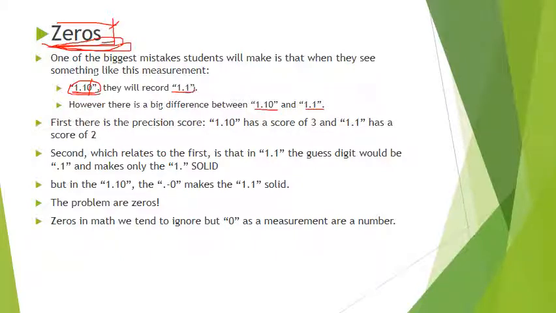And 1.1 has a score of 2. So if you knock this number out, you're reducing the quality of this measurement. So we have to be careful about zeros. Don't ignore them.